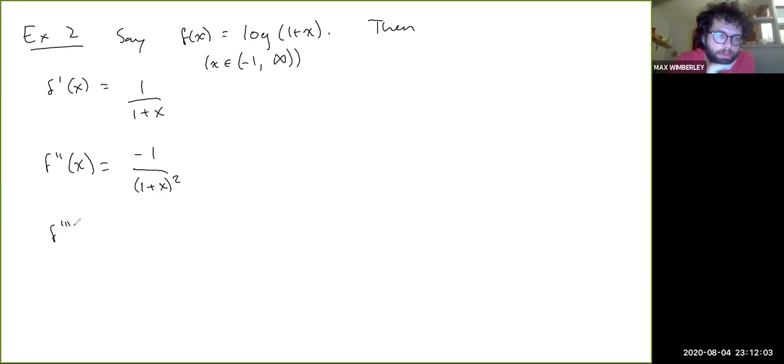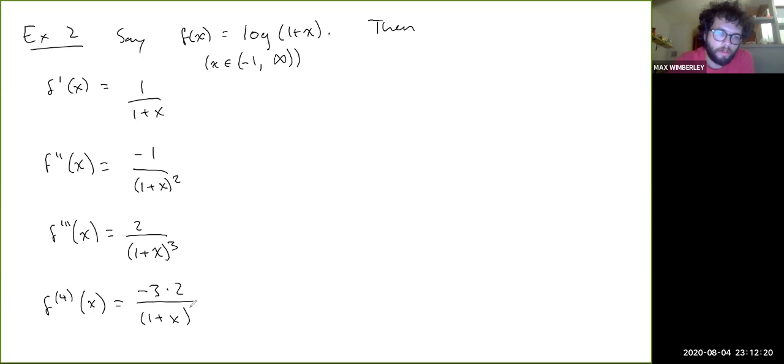F triple prime of x is 2 over (1 plus x) cubed. F4 of x is -3 times 2 over (1 plus x) to the 4th. And so you can see the pattern: each time we multiply by the next number, so we're building up n-1 factorial on top, and the sign is also alternating.